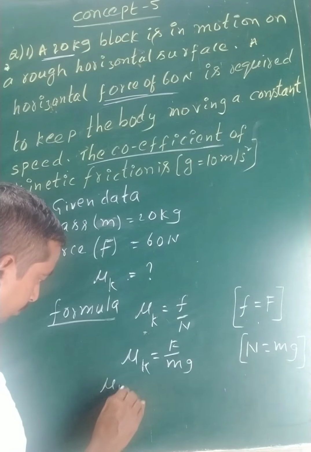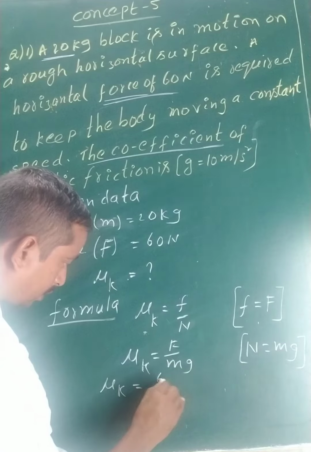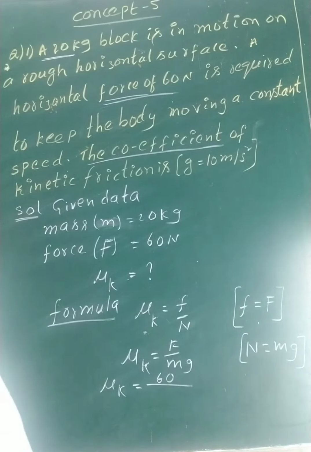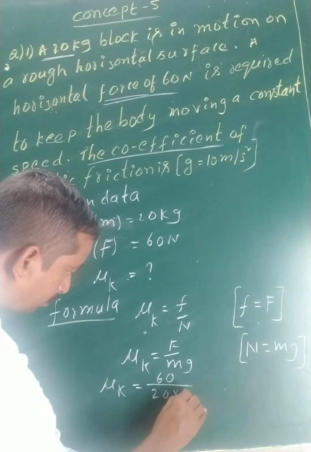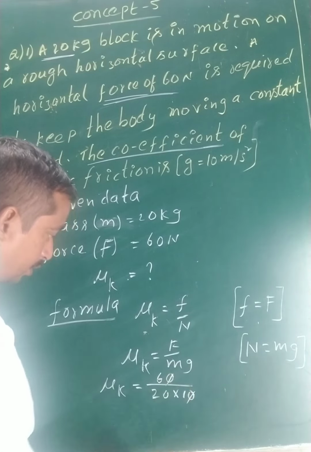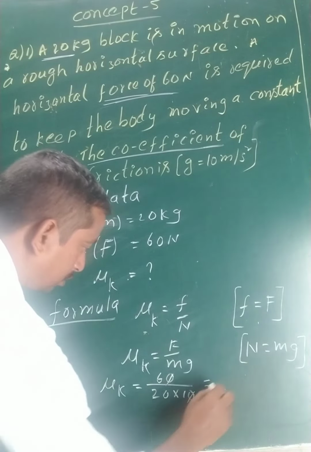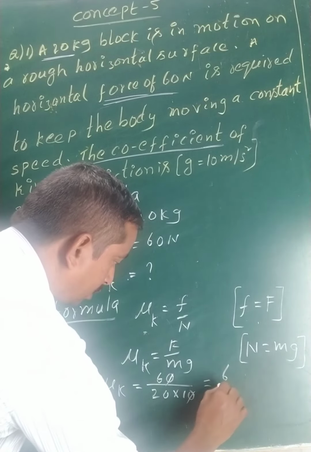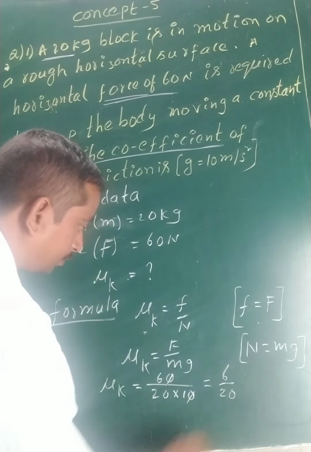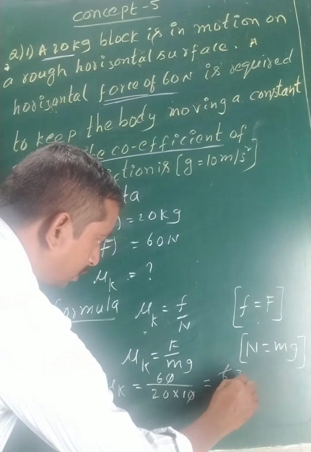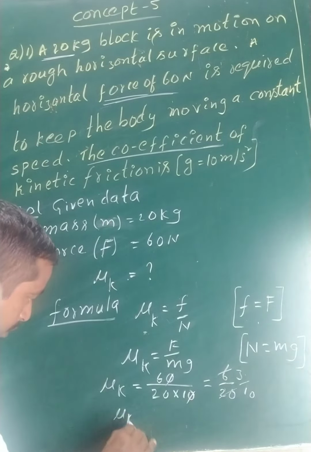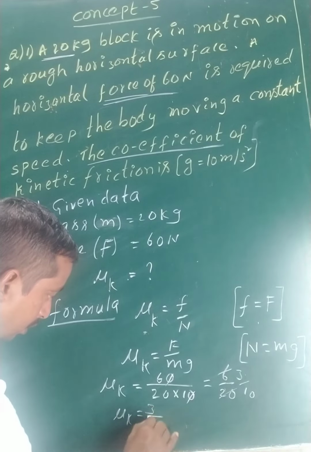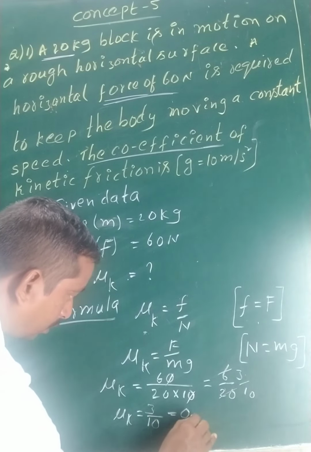Now substitute the values: 60 by mass 20, g value 10, the zeros cancel. Now we get 6 by 20, which is 3 by 10. So mu k is equivalent to 0.3.